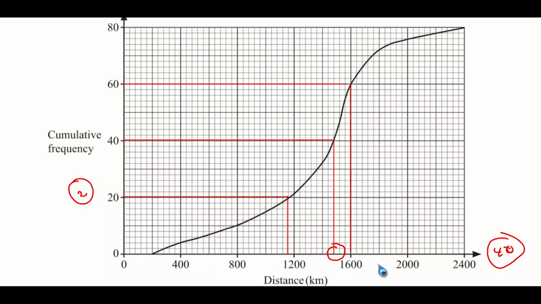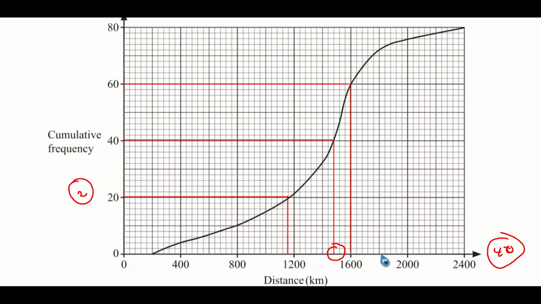Don't forget that the value of a line is 40 along the x-axis. This is 1,600, so I need 200. That will be 40 times 5, that's 200. So this is 1,800 here, in the middle.